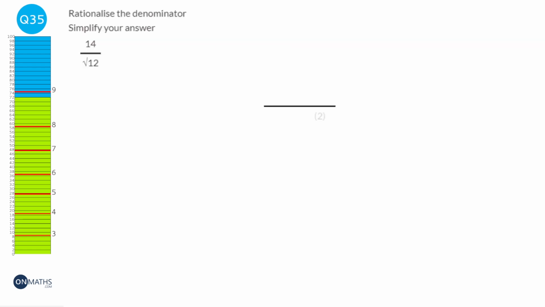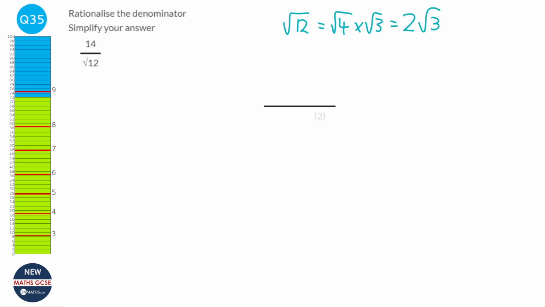We can actually simplify the surd at the bottom. So root 12 is the same as root 4 times root 3. And the reason I've picked root 4 is because it's a square number. So root 4 is 2, root 3. So we can rewrite that as 14 over 2 root 3. We can divide 14 by 2. So that'll leave a 1 there.